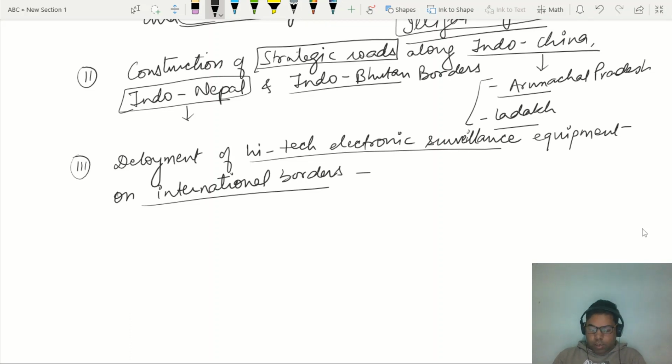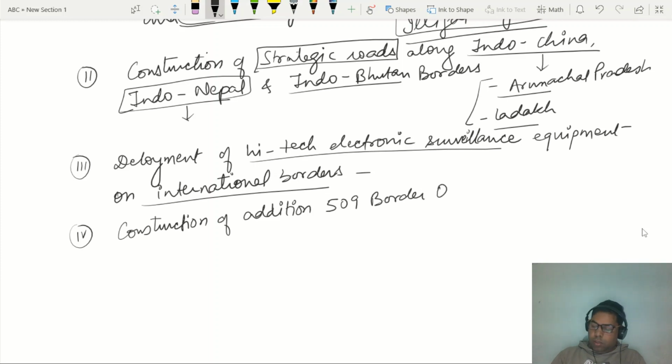Then another initiative is the construction of additional 509 border outposts.